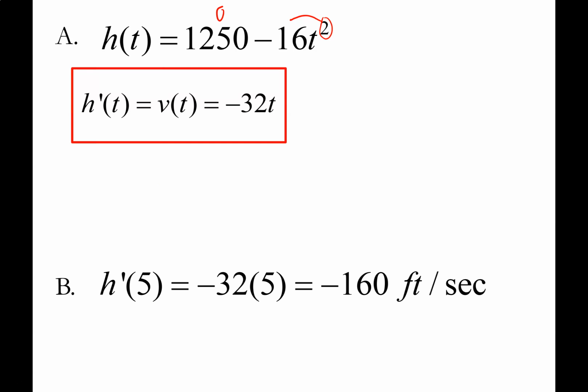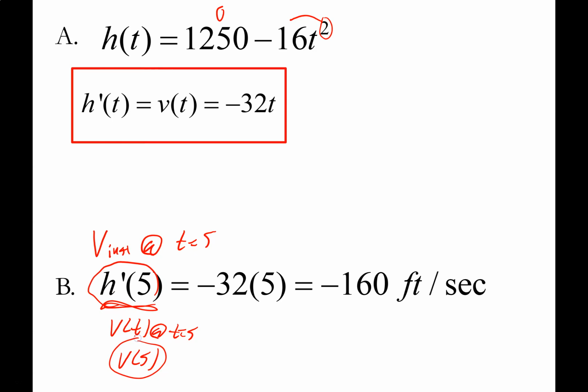Part B, I asked you for the instantaneous velocity at t equals 5. So I take my velocity equation, this is my v of t, and evaluate it at 5, or I could have just called it v of 5. So h prime, v, same deal.